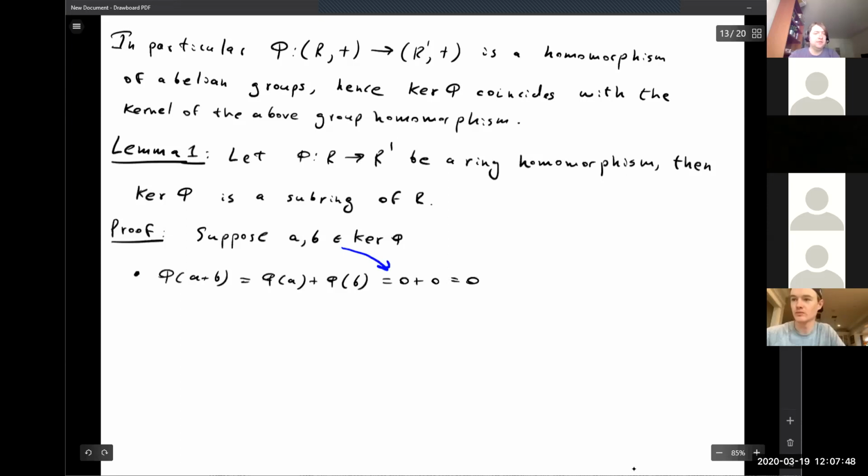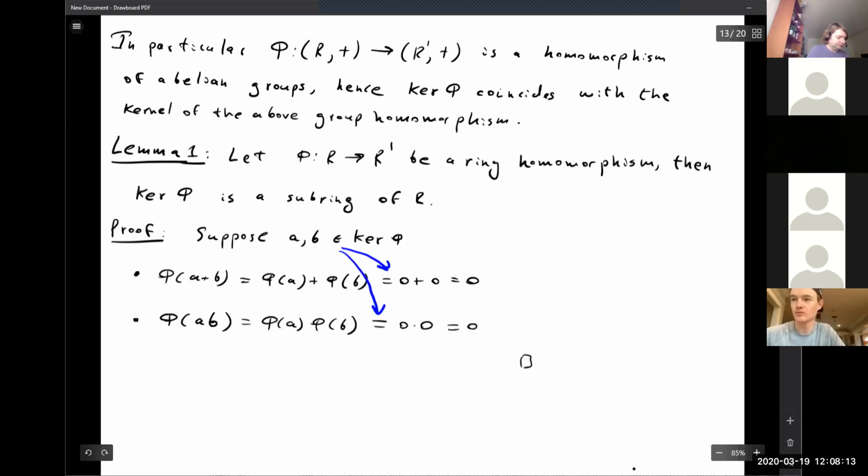And of course, the same thing works with their product. Let's look at phi of AB. This must be the same as phi of A times phi of B. And again, this is 0 times 0, 0, because these two are in the kernel, which means that phi of them is 0.